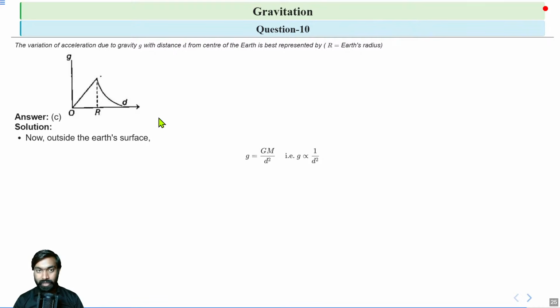Okay, any doubt? Yes or no? VK, Varsha, Karthik, Shibam, any doubt here? This is a direct formula based graph. So if you know the formula, it will be easy for you to plot the graph.